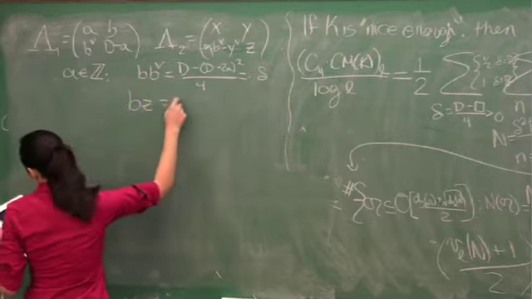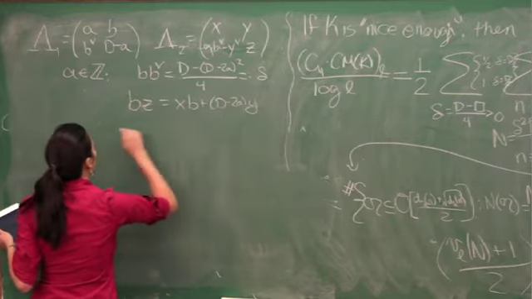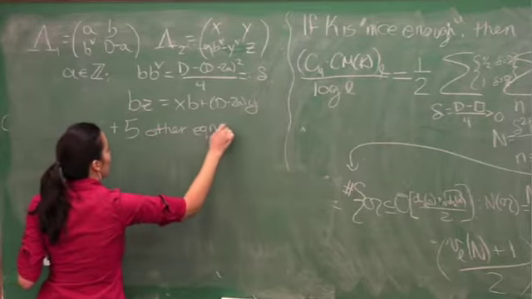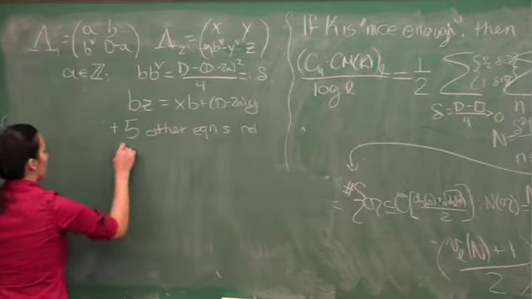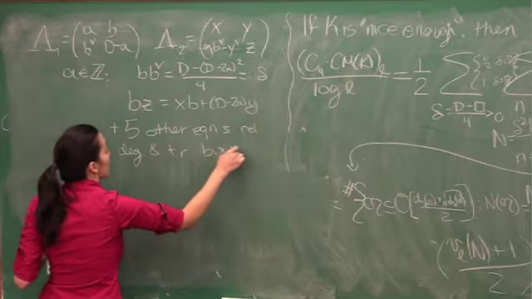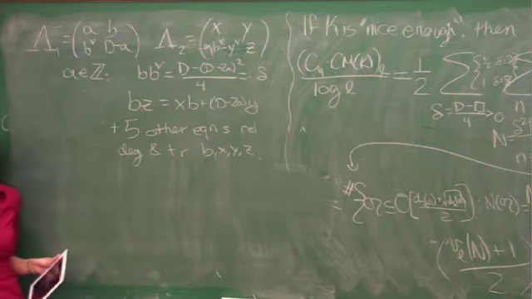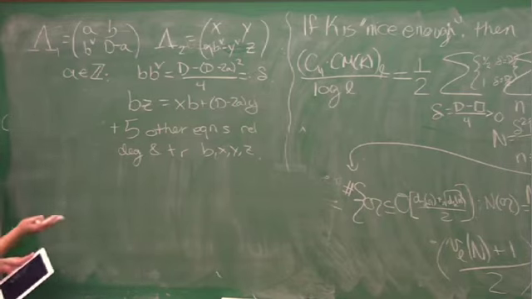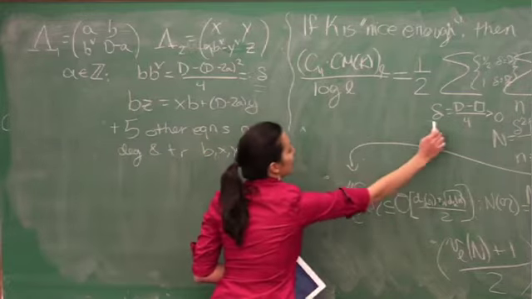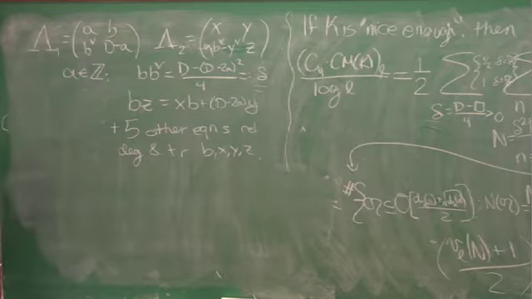You have some commuting relations, plus 5 other equations relating the degree and trace of b, x, y, and z. Okay, so you get these very, very explicit equations for what an embedding is given. And you already see, so this delta is going to be the same delta. Okay, so that delta is just telling us that degree.